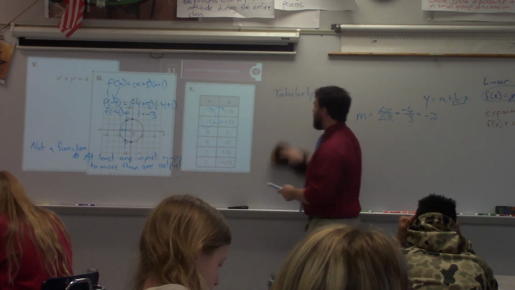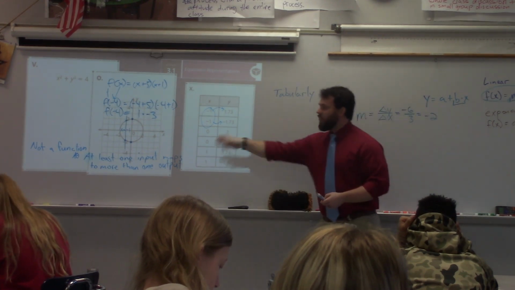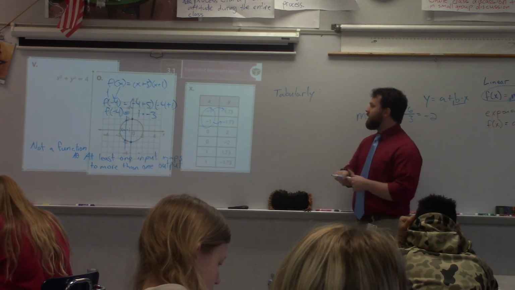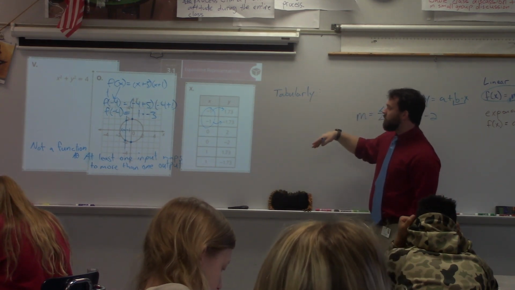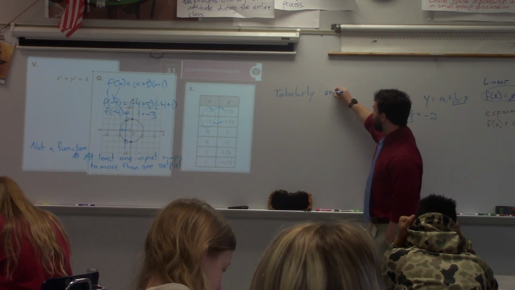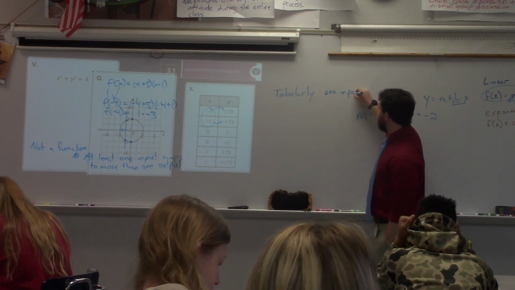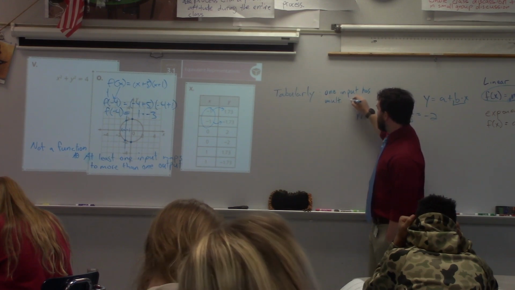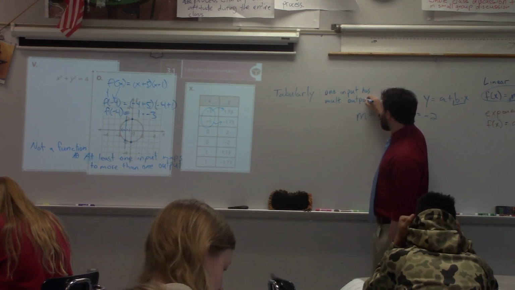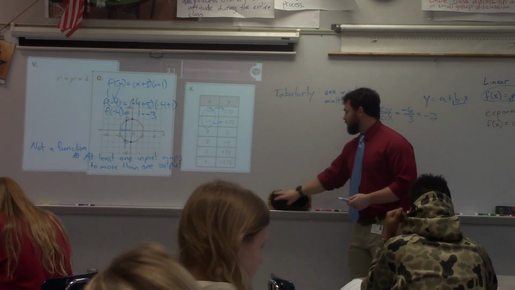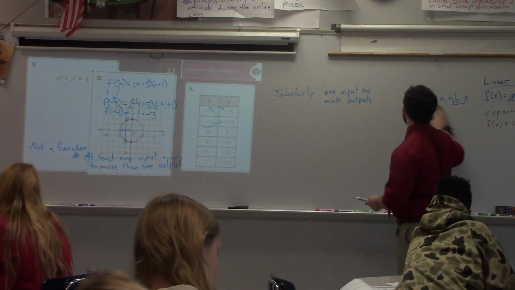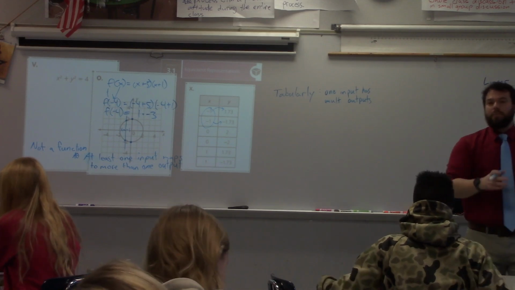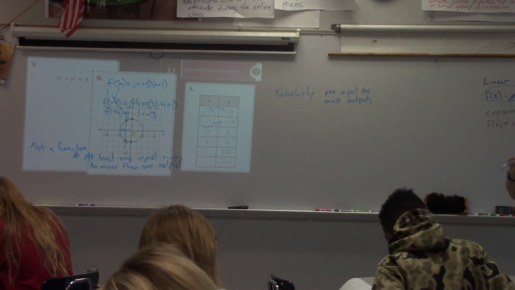So tabularly, literally, it is the definition. The table is the easiest way to see that definition. But under number 2, one input has multiple outputs. There's nothing really else you can say with the table. Is this number 3? Yeah, under number 3. So I'm giving you more clarity on the different representations.